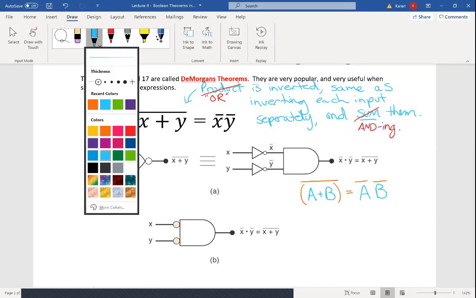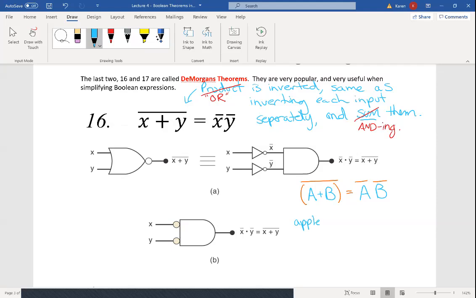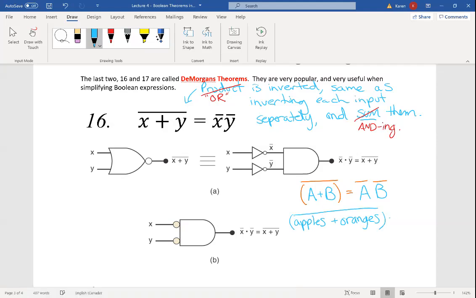Okay, now it works the same way like this. Let's say you have apples or oranges, and they are all inverted. That's the same as apples ANDed with oranges. Doesn't matter what it is.